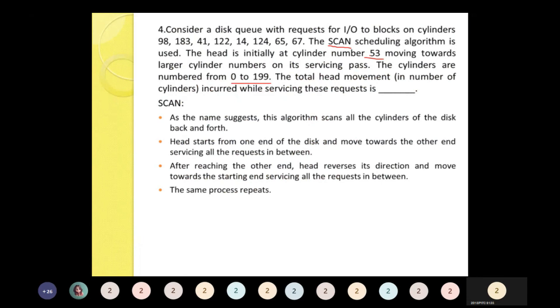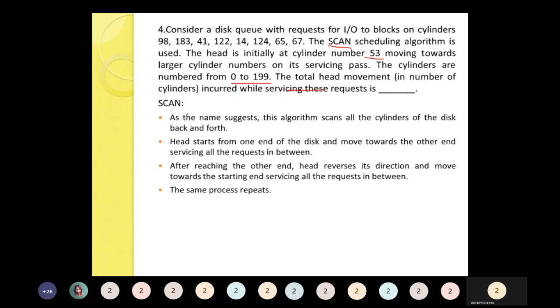The starting position is also given, and my scheduling algorithm is SCAN. The question asks for the total head movement while servicing these requests.